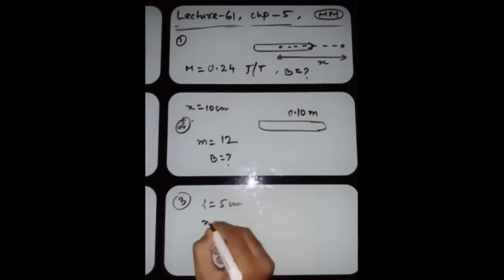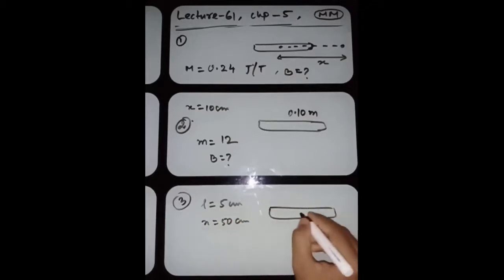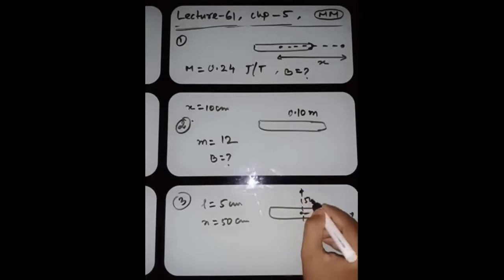The x is 50 centimeter. If you are taking the axial point, then it is 50 centimeter from the center. If you are taking the equatorial point, then 50 centimeter is this one. You have to find the magnetic field here and here.